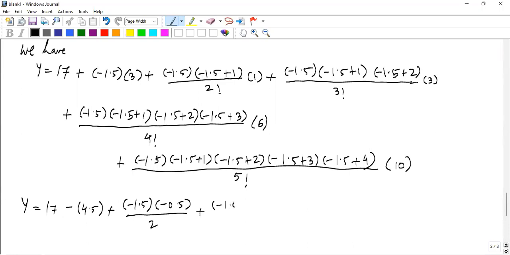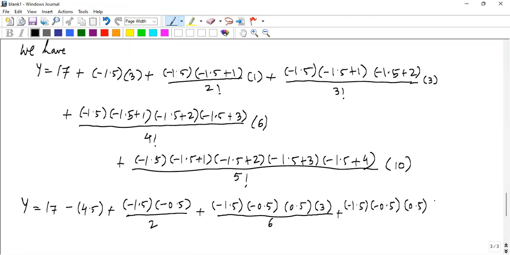Plus, this is minus 1.5, this is minus 0.5, and here this term is going to be 0.5 into 3 by 6. Okay, plus we have minus 1.5 into minus 0.5, here we get 0.5 and here we have 1.5.